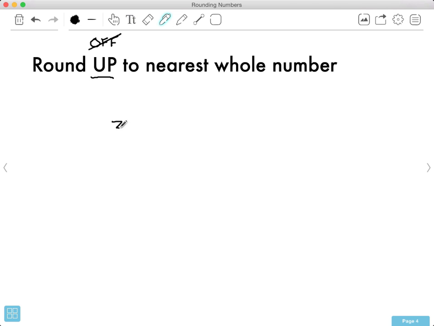So if we have a number like 38.13816 and we want to round up to the nearest whole number, again, the cutoff is here, but when you're rounding up, it doesn't matter what this number is, whether it's 5 or higher or not. We are going to round up. This says 38 point something. So because it's over 38, we're going to round that up to 39.